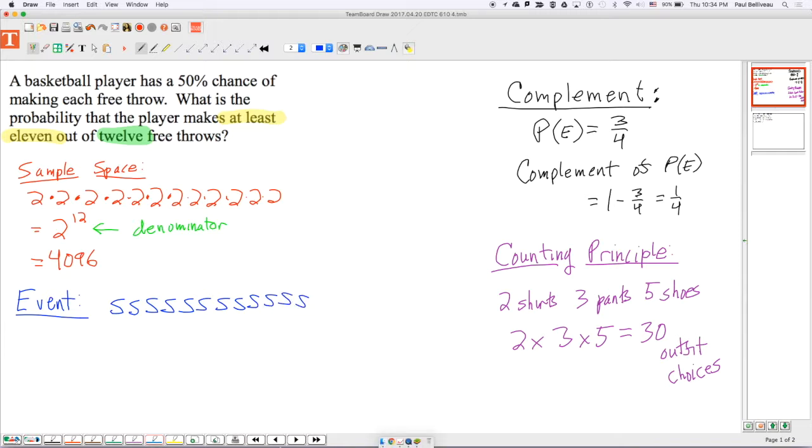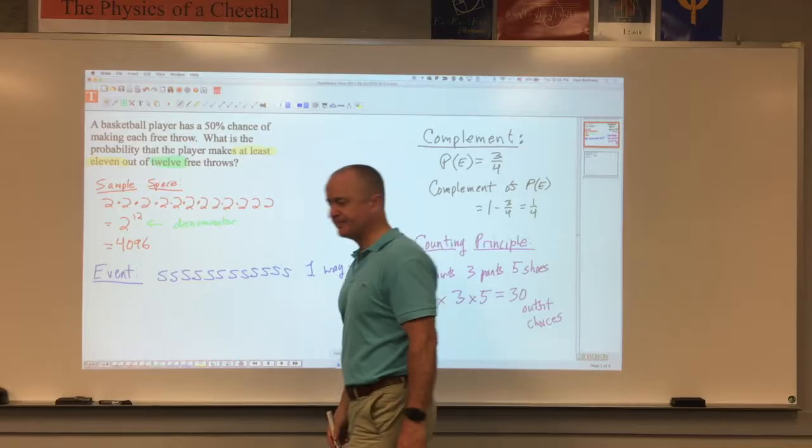There's only one way to do this. You make every free throw. If you could choose, you only have one path to a 100% success rate. Okay, so this is the one way to get 12 successfully in.